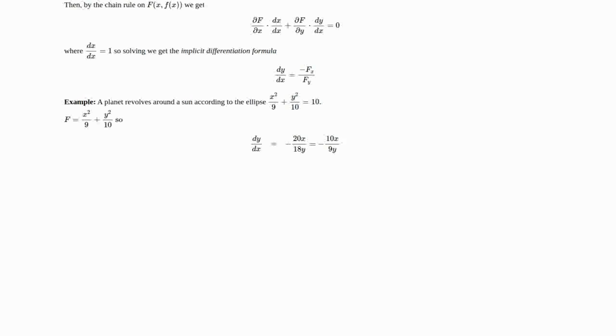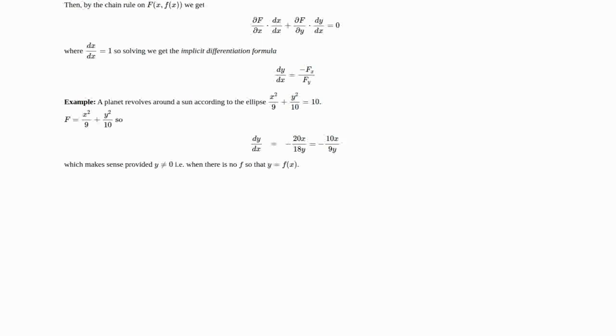The partial derivative in x is just 2x over 9, and the partial derivative in y is just 2y over 10. And if you simplify that, you get 20x over 18y, and you multiply it by that minus 1, and then you can divide 2 from the top and the bottom.